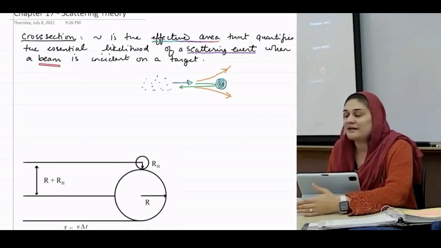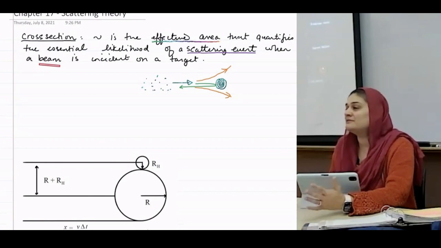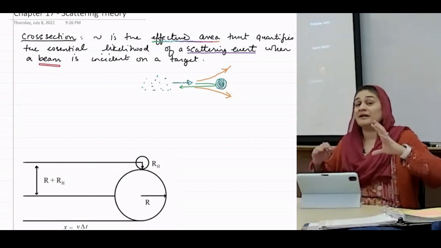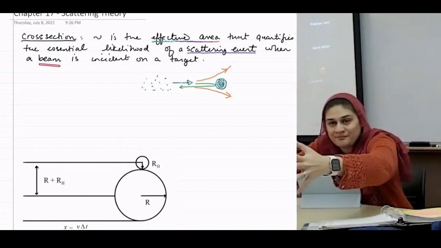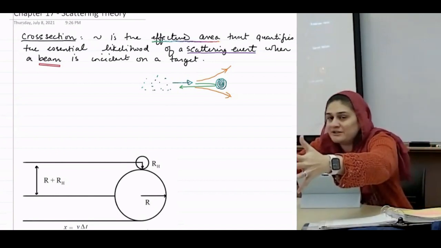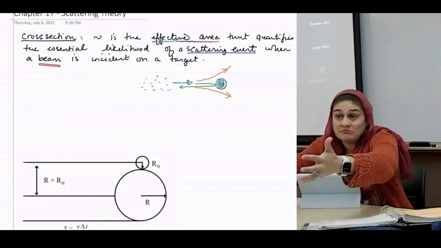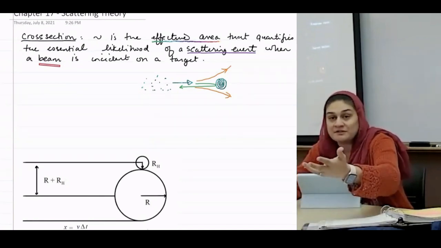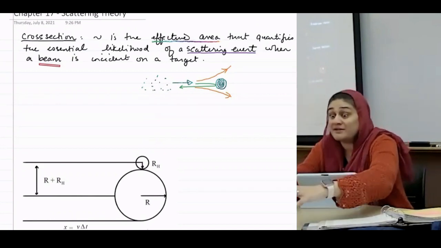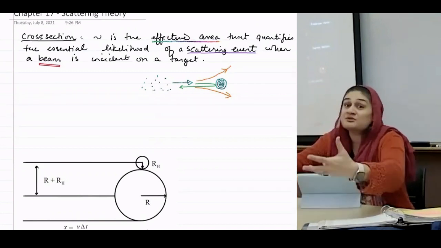So imagine there are like a million particles in the beam, and they come and hit it. How many actually interact? 10? 20? Depends on the size of the target, depends on whether the target is at rest or the target itself is moving.